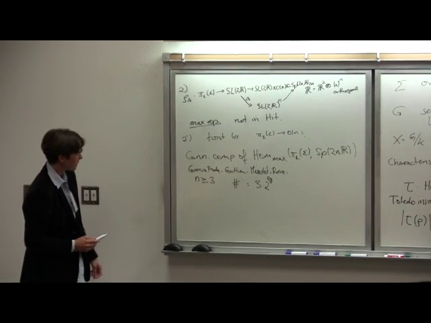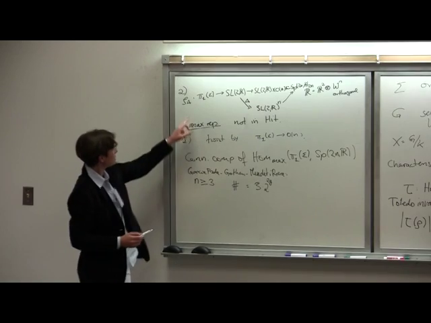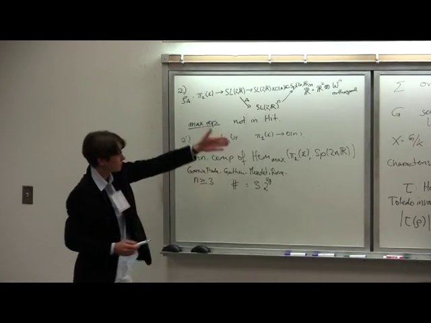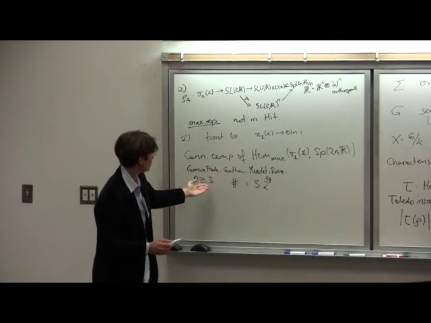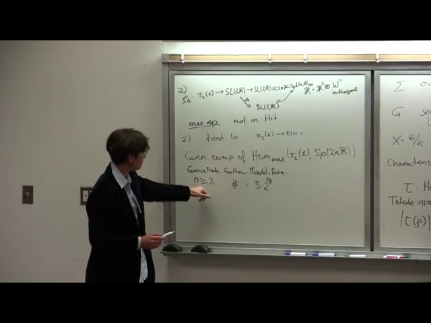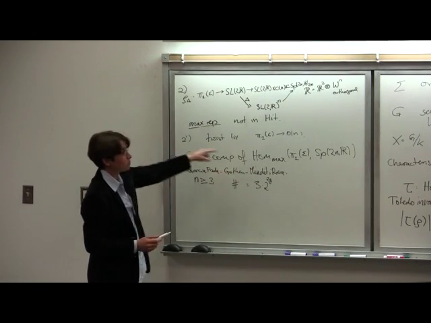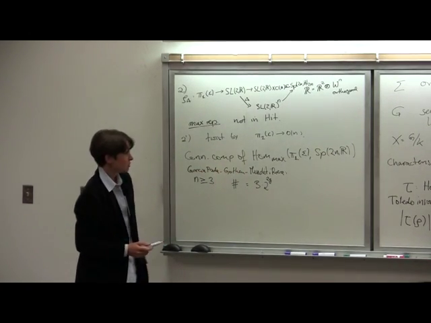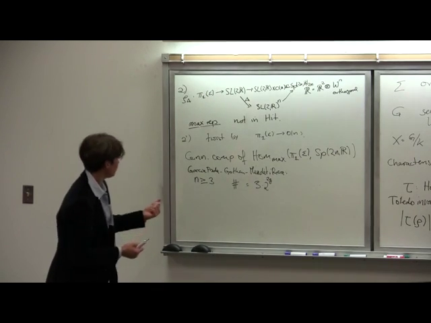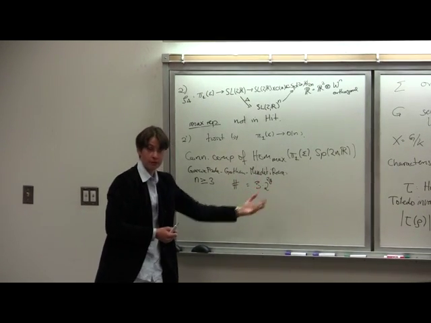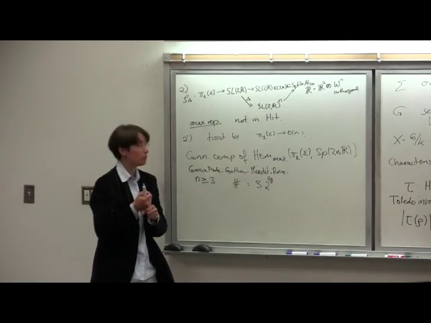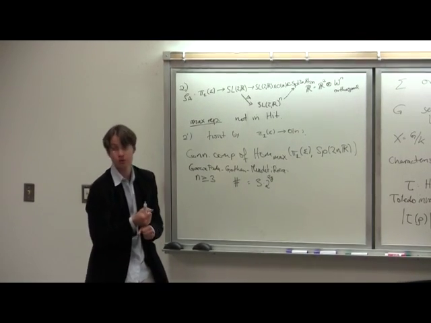And basically every representation into Sp2nR with n bigger or equal than 3 can be deformed to one of these examples. So you might wonder why there are 3 examples, but here I have 3 times 2 to the 2g. The 2 to the 2g comes from the fact that here we take a representation into SL2R.